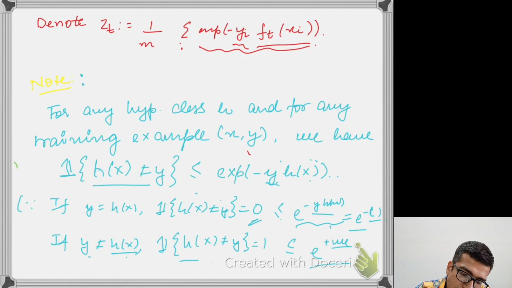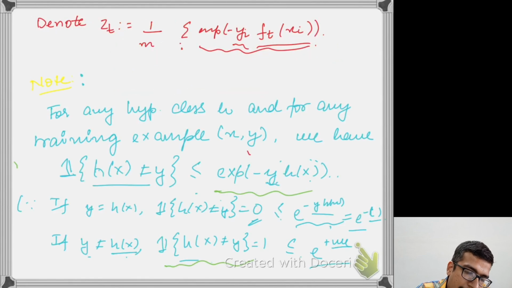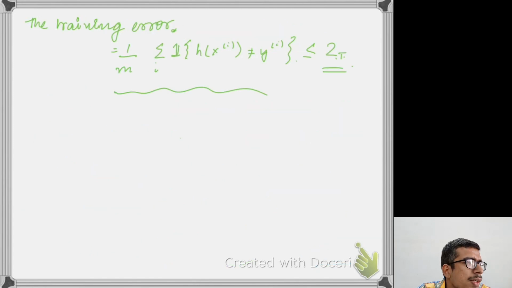Because we have shown that for every instance, the indicator function that h(x) is not equal to y is less than or equal to exponential of minus y times h(x). And so if I sum over all these examples, this is less than or equal to 1 by m times the sum over i of exponential of minus y_i f_T(x_i), which is essentially Z_T.